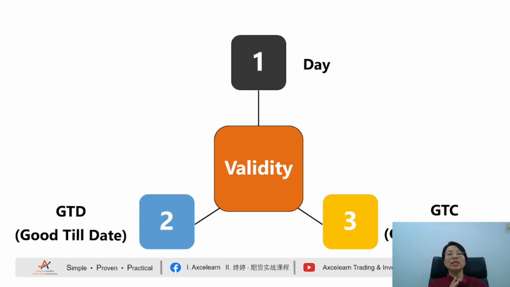Why? Because we see so many cases where people place a GTD or GTC order just to catch a very far order, but when the time comes, they forget about it. If you forget about it, it's very dangerous, especially for those who don't log into their trading platform often, and also don't check their statements on a daily basis.